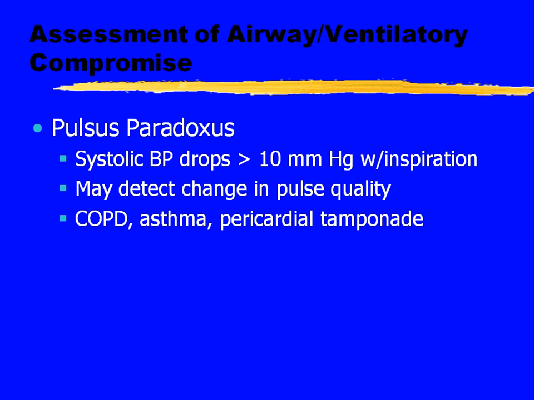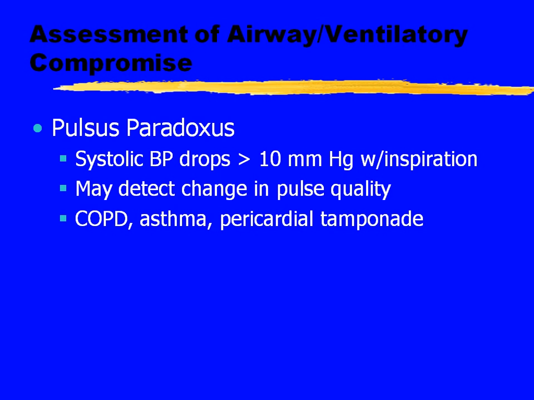Pulsus paradoxus, are you familiar with this term at all? Yes, no? No. Pulsus paradoxus, you'll see this with a lot of your COPD patients. You get two systolic pressures. You're taking their blood pressure, they take a deep breath, that increases the thoracic pressure they already have, pushes down on all the vasculature and on the heart, pressure goes down, and you'll actually write it as two systolic numbers over the diastolic.